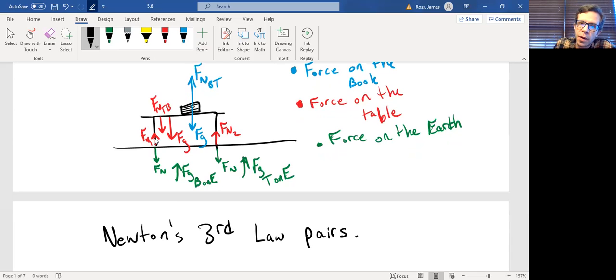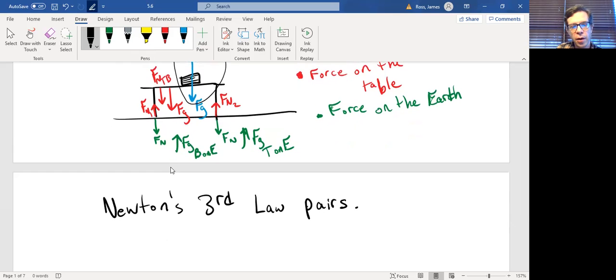And you look at this diagram for the book, and the force of gravity and the normal force are the same magnitude in opposite directions. So people often want to say, well, those must be opposite equal. They must be a Newton's third law pair, but they're not, right? They're not the same type of force.